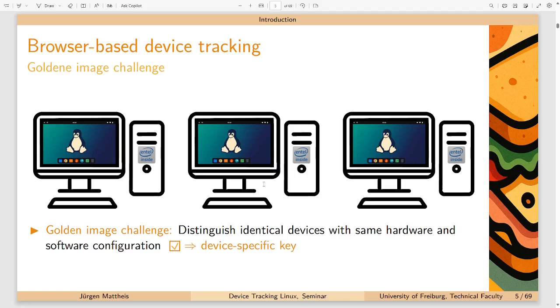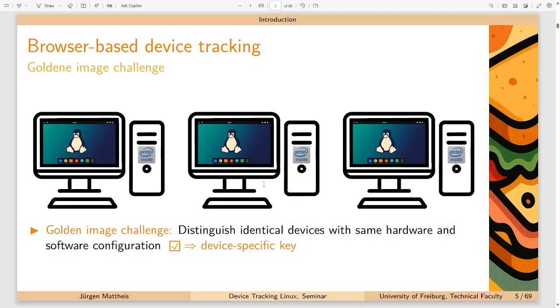And this attack by these three guys is actually able to pass this golden image challenge because it has a device-specific key that gets generated at startup.